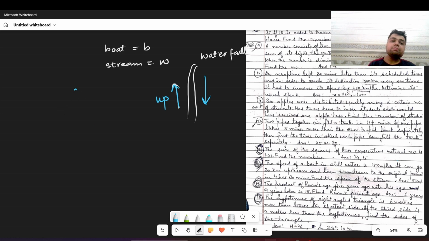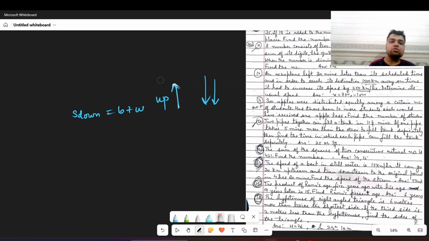So in that, speed upward will be equals to boat speed minus water speed, and when we are going downwards, we are in the direction of the water flow, so speed down will be equals to b plus w. So always remember, upstream means we are going against the stream of water, and in downstream we are going with the flow, so we are adding them. Always remember this thing. Now let's continue with this question.